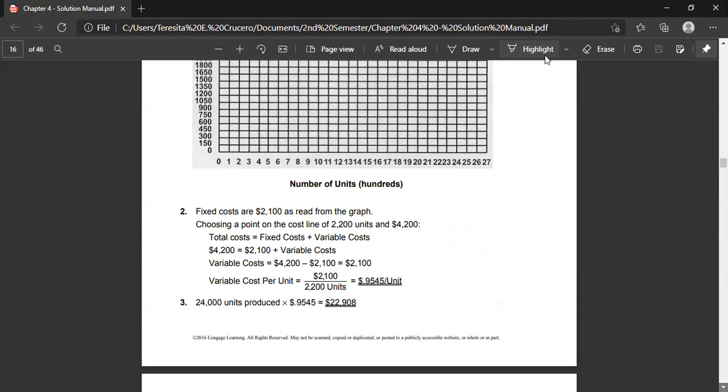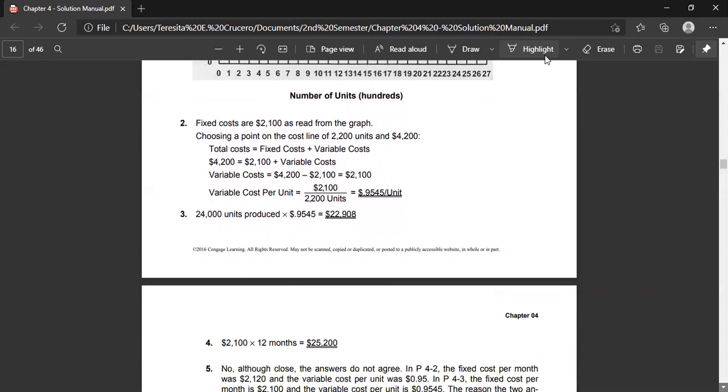So we have the variable cost, and the fixed cost is actually 2,100 per month. Okay, so number three, if you are given a total of 24,000 units and you have your variable cost rate, the total variable cost is 22,908. That's problem number three, no?